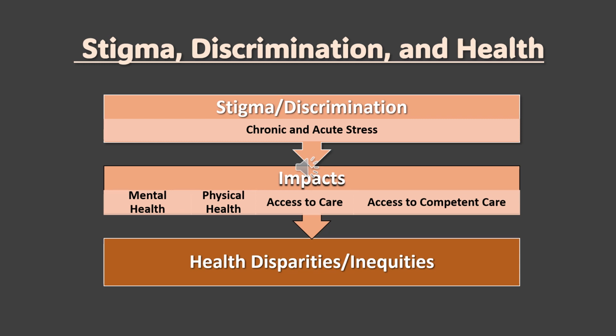And as you can see up here, stigma and discrimination leads to chronic and acute stress, and that ends up leading to healthcare impacts such as mental health issues, physical health issues, access to the care, and access to competent care, which leads to health disparities and inequities. So there are organizational barriers that are out there that impact the LGBTQ community a lot more so than people that are heterosexual or identify within their cisgender bodies.